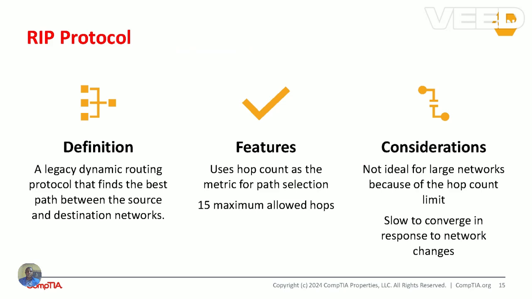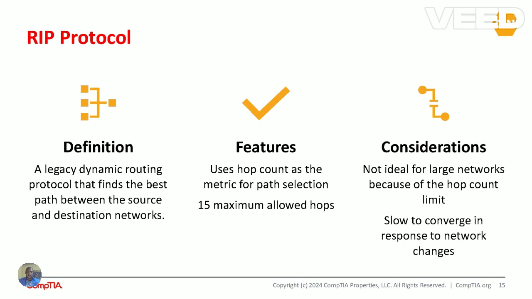Now we have what is known as the RIP protocol. What is the full meaning of RIP? RIP means Routing Information Protocol. Definition: a dynamic routing protocol that finds the best path between the source and destination network.